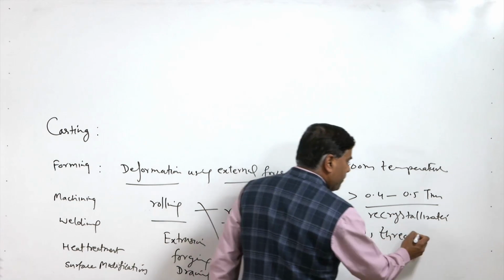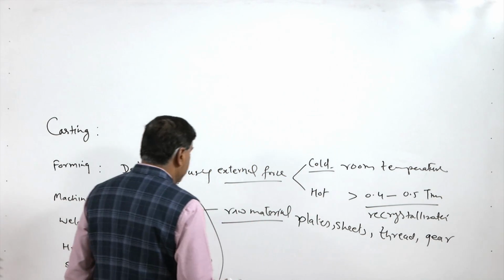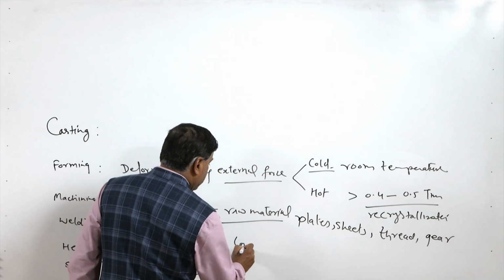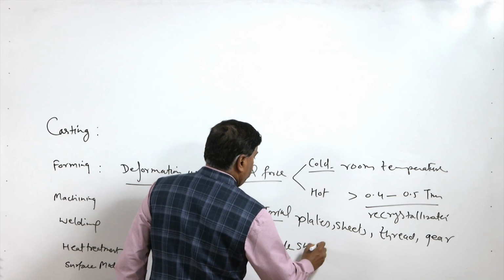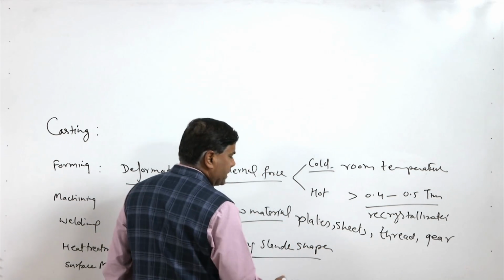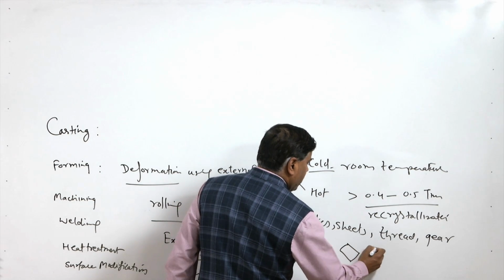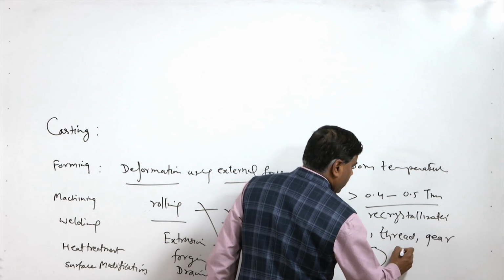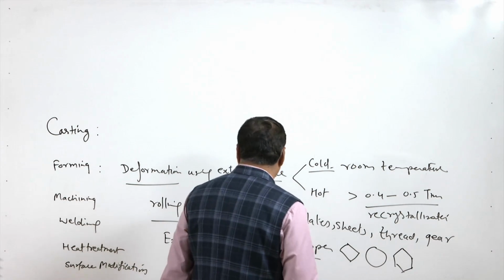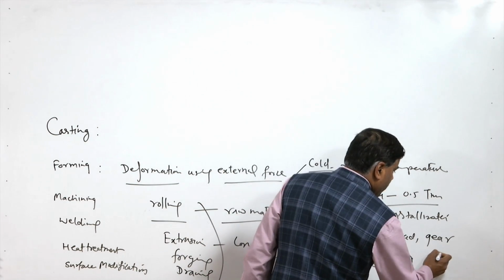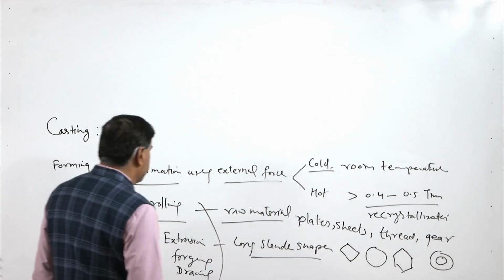It is also used for making gears through gear rolling. Extrusion is used for making long cylinder shape products with reduced cross sectional area, for bars of different cross sections like circular, cylindrical or hexagonal. So, these different cross sectional shapes can be produced, and even hollow sections can also be produced through the extrusion process.